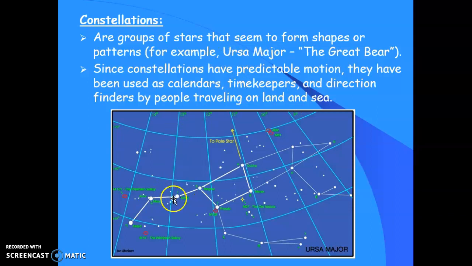So if you look in this picture here, this is the Ursa Major, or in other words, the Great Bear. The Big Dipper is within it. So you can see it's highlighted in a more bold white line. So that is actually embedded within a larger constellation.